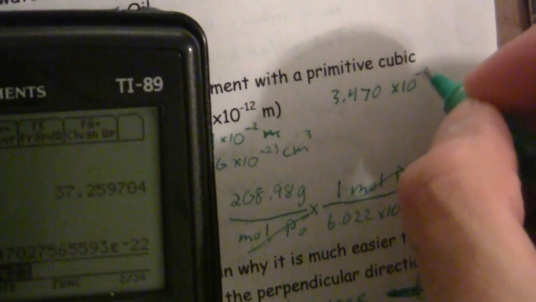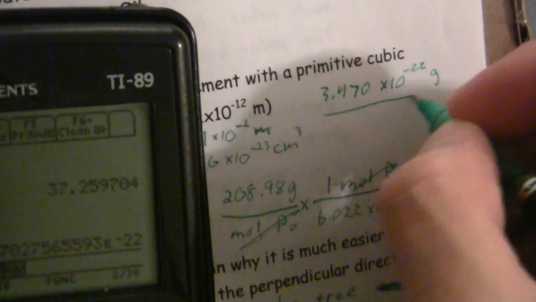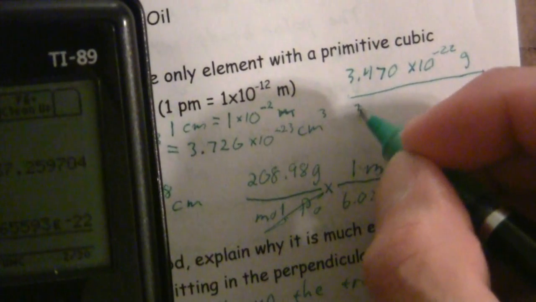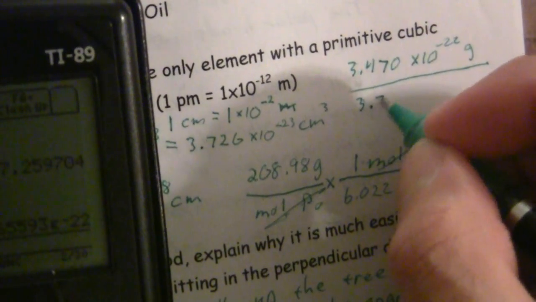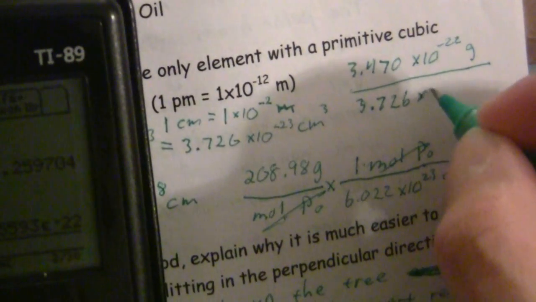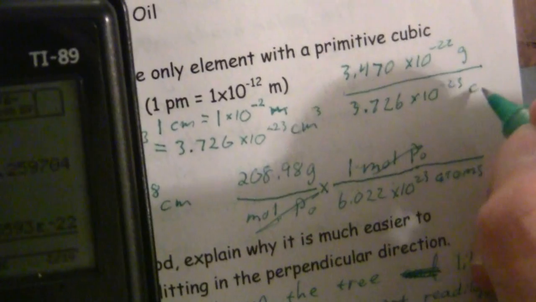Times 10 to the minus 22 grams, and that will be divided by this value that I had here, 3.726 times 10 to the minus 23rd cubic centimeters.